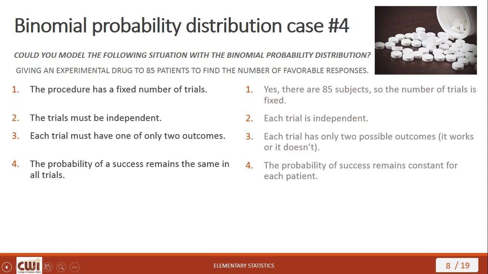It remains constant for each of the patients, so therefore we have that requirement met. So, is the binomial probability distribution appropriate for modeling this data set? The answer is yes. Modeling with the binomial probability distribution is appropriate because we have each of the 4 requirements met.